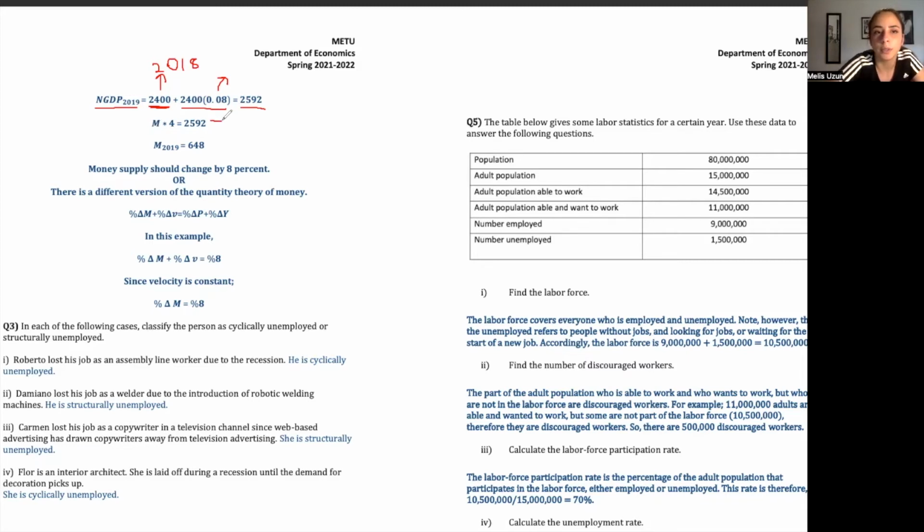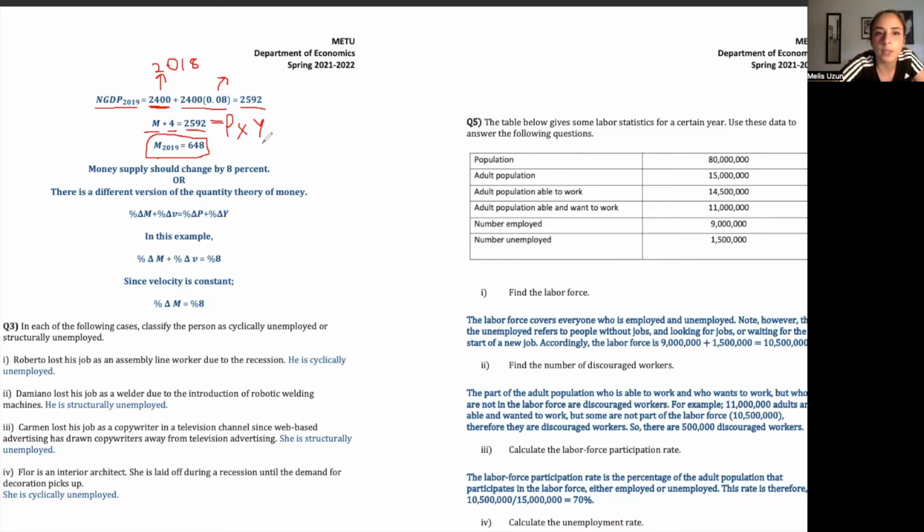So nominal GDP, we said, is equal to price level times real output. We know the nominal GDP and we know the velocity of money, so we can find the money supply. If you divide 2,592 by 4, you will find the new money supply in 2019.